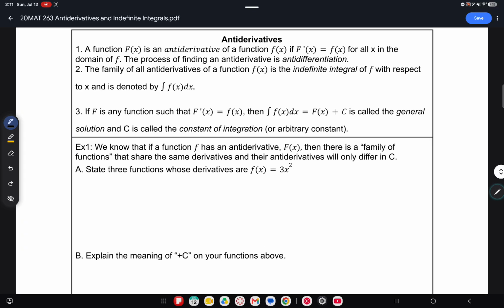If big F is any function such that big F prime of x is f of x, then the integral of f of x dx is big F of x plus c. And that right there is called the general solution. That plus c is a constant of integration, or just an arbitrary constant.